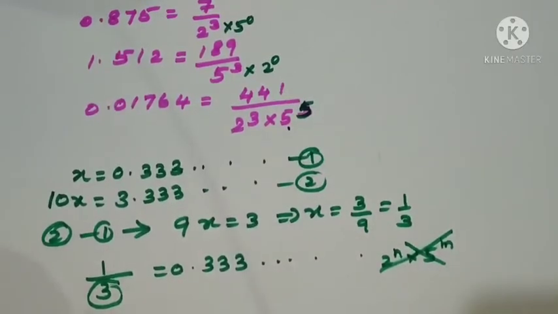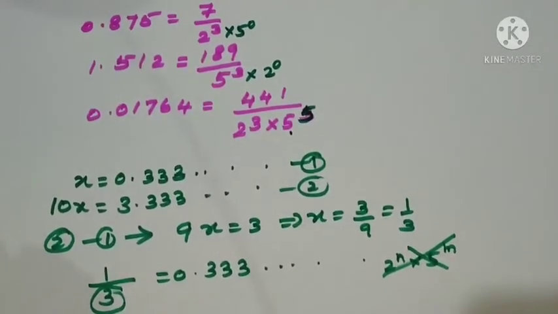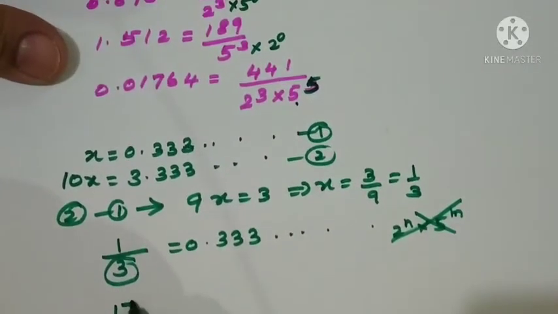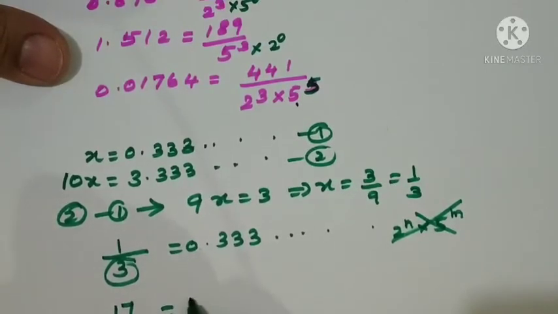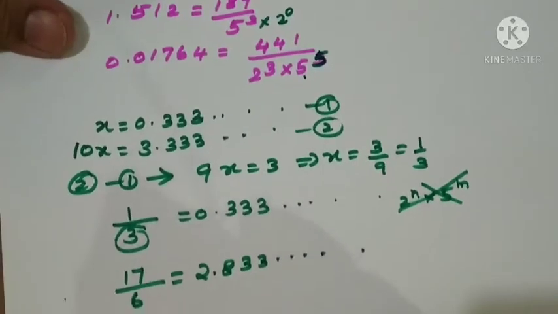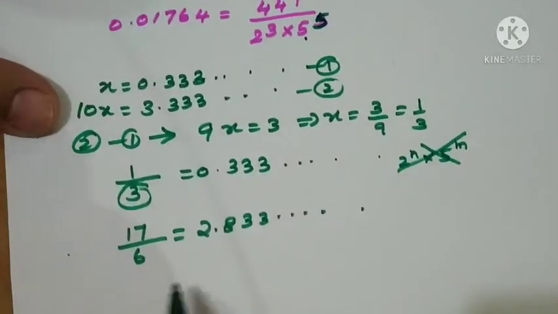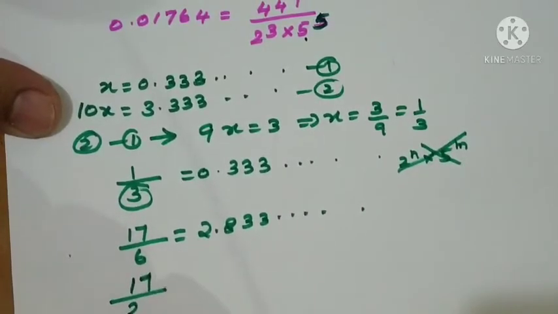In the same way, another example we can take is 17 by 6. If it is 17 by 6, we can check that it is 2.83333 etc. What is the denominator? It is 17 by 2 into 3.